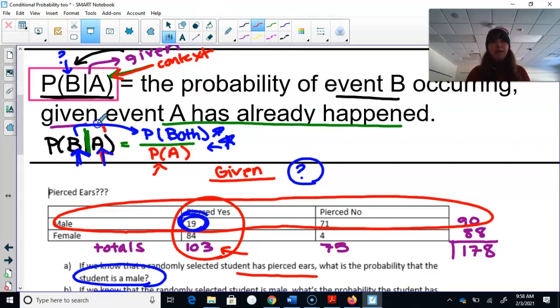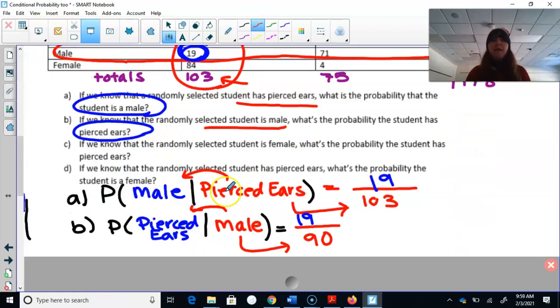Given that A has happened, what's the probability that B has happened? So that's both in the numerator. We underlined the given and put that to the right of the line. We circled what the question is and put that on the left of the line.